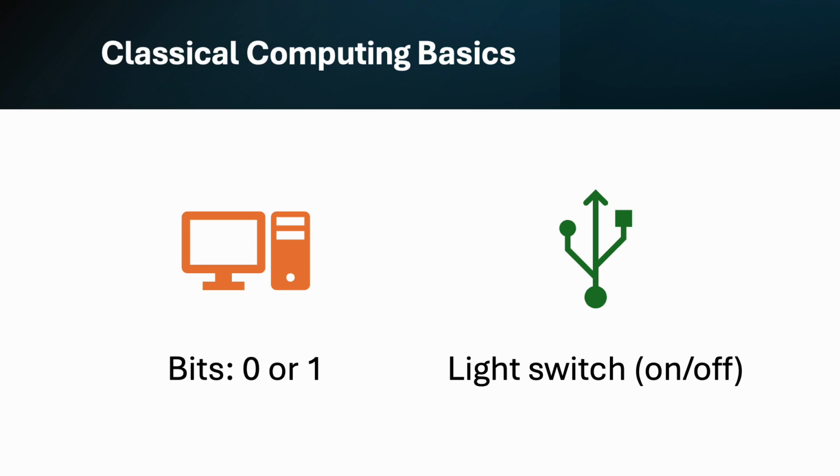Classical computers, despite their incredible speed and sophistication, face fundamental limitations when dealing with certain types of problems. As we have just discussed in quite some depth, classical computers are built on a surprisingly simple foundation, the bit, which is the smallest unit of information that can only exist in one state out of two at a time, either 0 or 1, like a light switch that is either off or on.